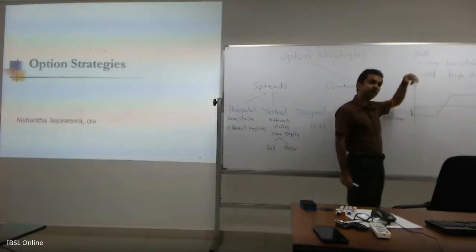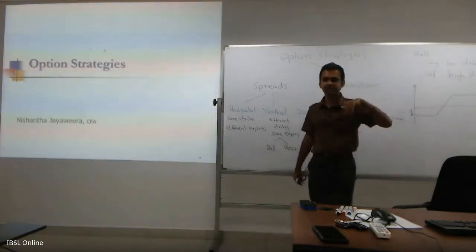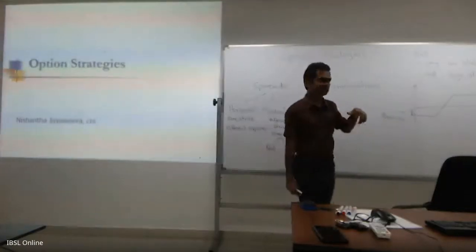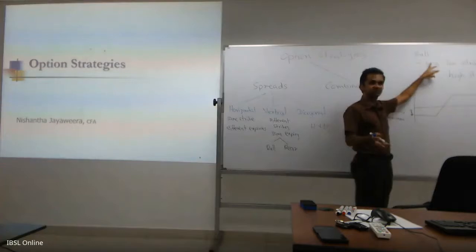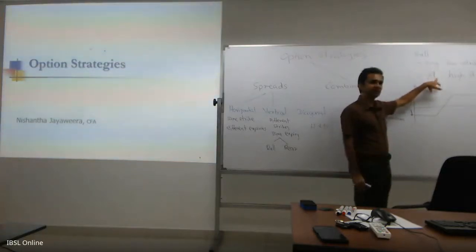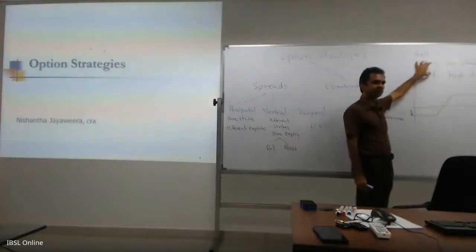You sell a high strike option, then you collect the premium. But the premium on the low strike in a call option would be higher than the premium on the higher. So the net would be a payment.